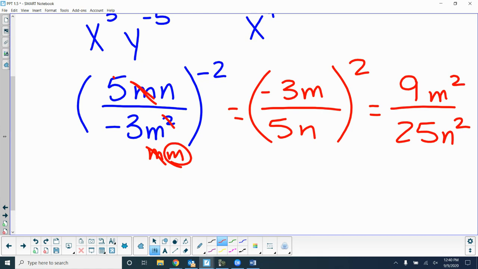Like 9 and all that in the parentheses. No. If 9's in the parentheses, then you're telling me you take 9 to the second. This is just saying take m to the second. The 9 came from the -3 to the second. -3 times -3, so that's just 9. Oh, okay. Does that get your question?